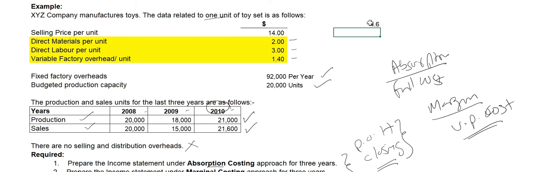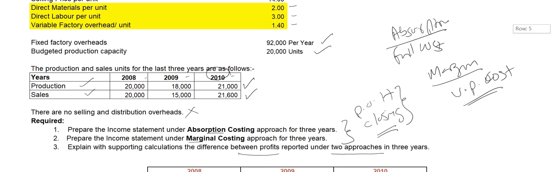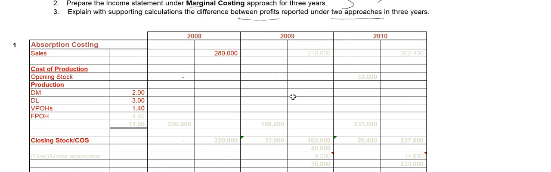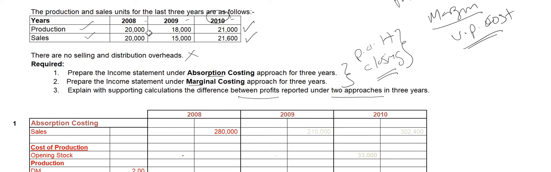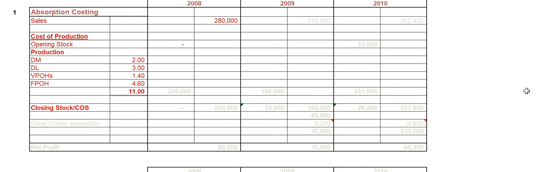How much is that? 4.6. So fixed production overhead cost will be 4.6. Then what will be your full production cost? 11. Now you calculate your production cost. Per unit cost is 11. How much has been produced? The production is also 20,000.